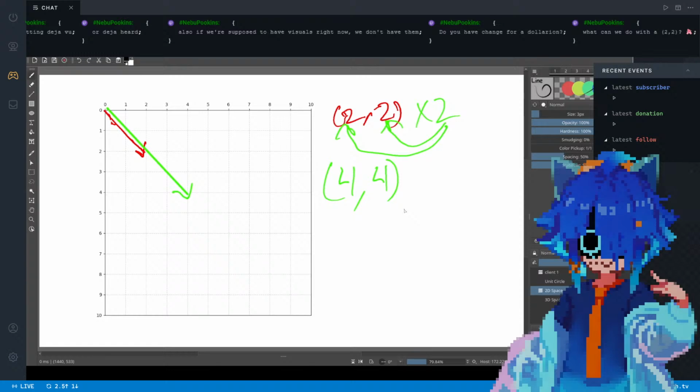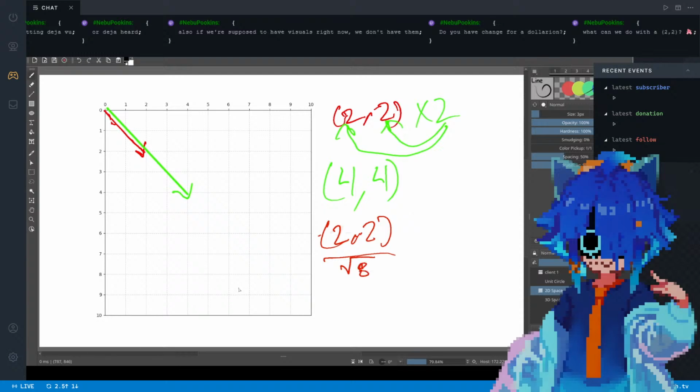So, if we start scaling vectors, what happens if instead of multiplying by 2, we divide 2, 2 by its length? So we have 2, 2, and what happens if we divide it by the square root of 8?